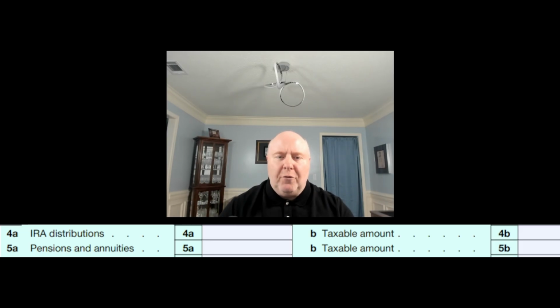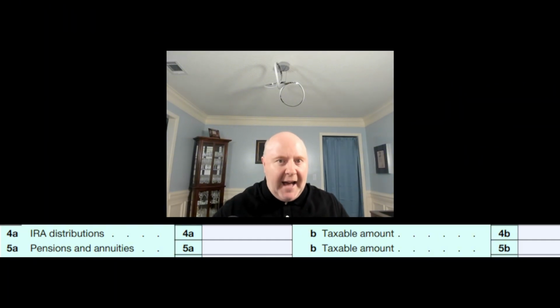Now, like I said before, some of you are probably going, wait, but I have a Roth IRA. It's not taxable. Well, you know what? We only add the taxable amount in 4B, and then, of course, if it's a pension, in 5B. So you're right. If you have a Roth IRA, then that full amount of your Roth IRA distribution is going to appear in line 4A.